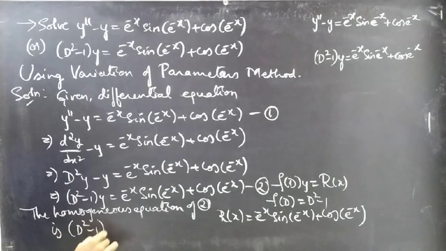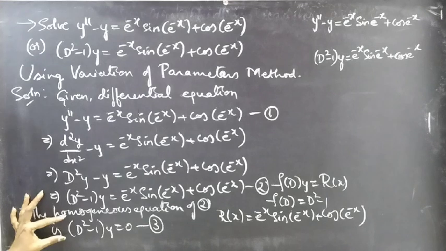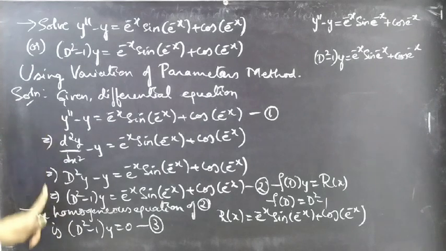D square minus 1 into y equal to 0, consider as equation 3. Now we'll find the solution to this equation using the auxiliary equation, and later using the solution of homogeneous equation we'll find the general solution of the given problem.